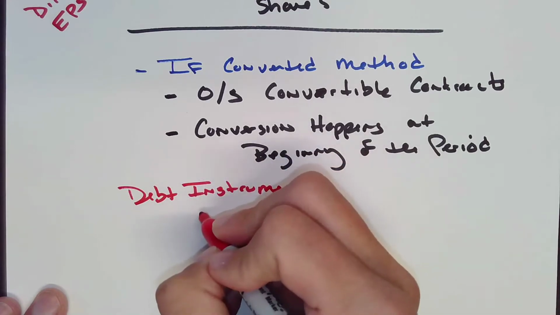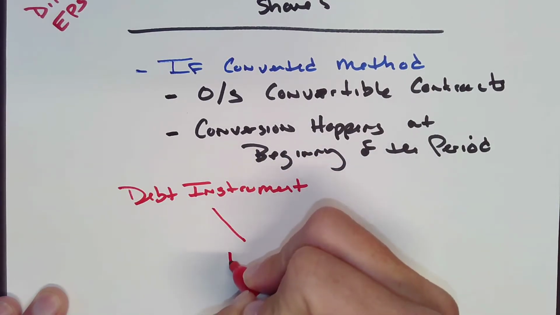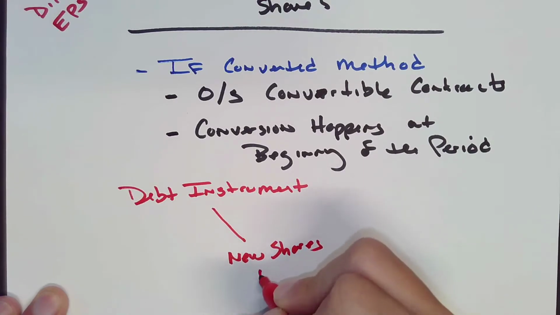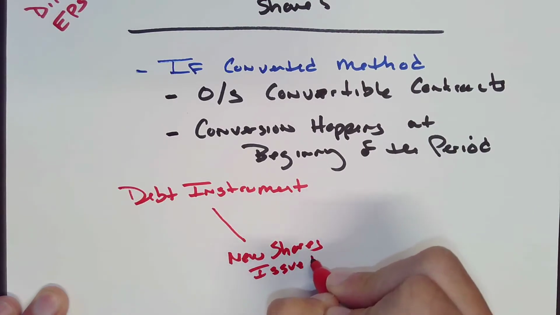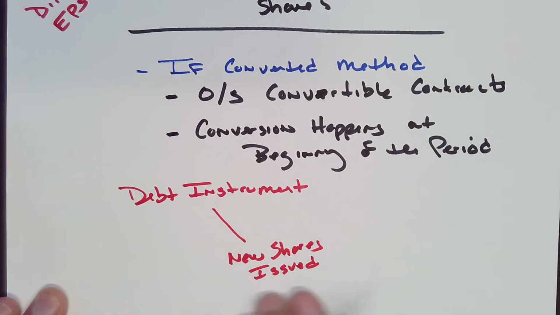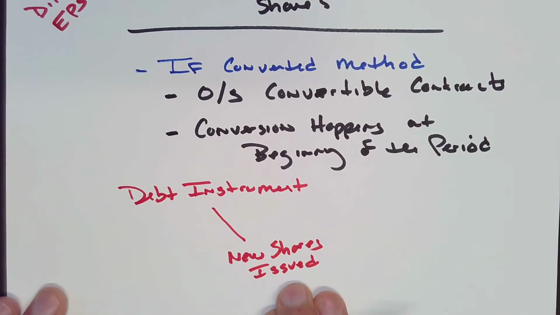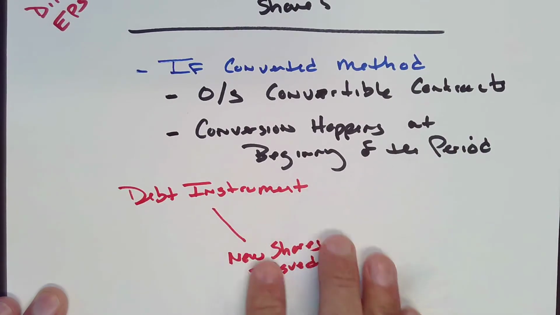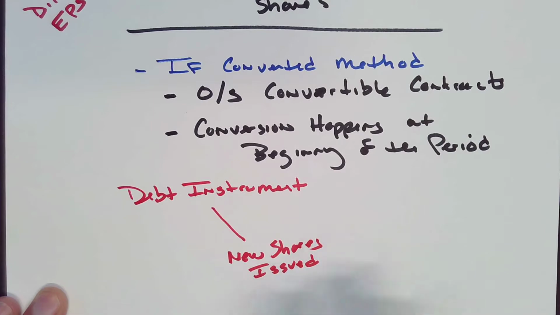then clearly new shares were issued, based on the most advantageous price to the security holder, right? However that conversion works. So new shares are issued.